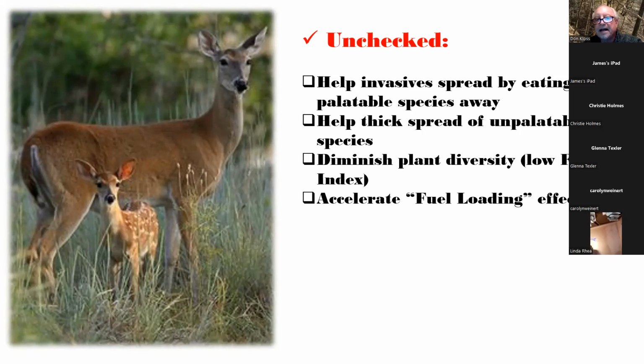Because if you've got an area where the understory is mostly those palatable species to them, then that makes a lot of room for the invasives to very quickly move in.